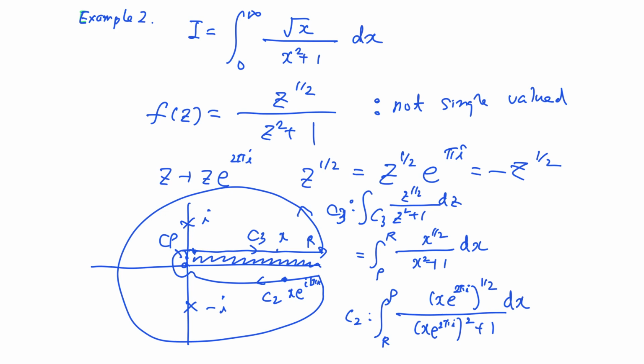How about this integral? You circle 2 pi i, so this point is actually x times exponential 2 pi i. When you take the square root, what do you have? Exponential pi i, which is minus 1.